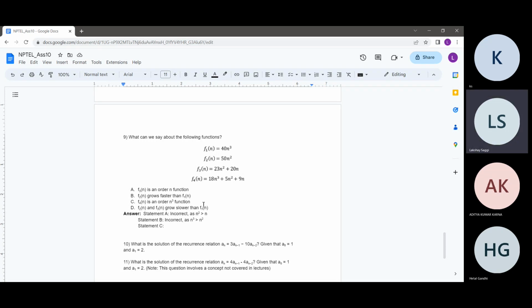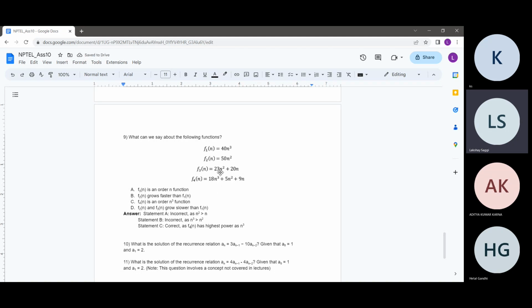Correct, as f4(n) has the highest power as n cube.